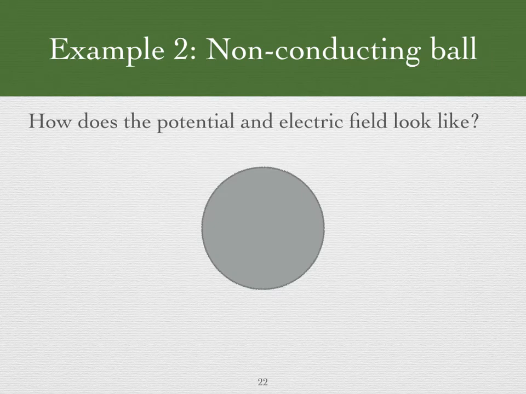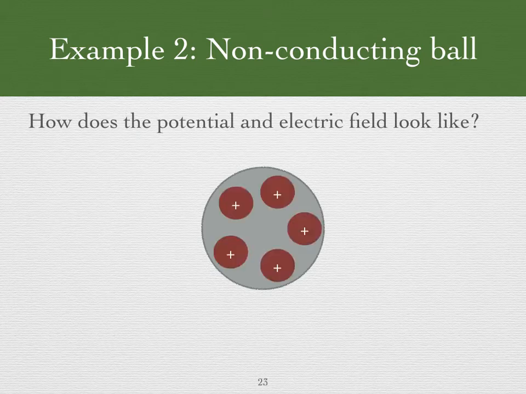Another case I want you to look at is the same question but on an insulating ball. What if the ball is an insulator? Again, the charge wants to redistribute itself so that it feels happy at low potential. But remember, because of its insulating nature, the charge cannot really move freely in this ball.